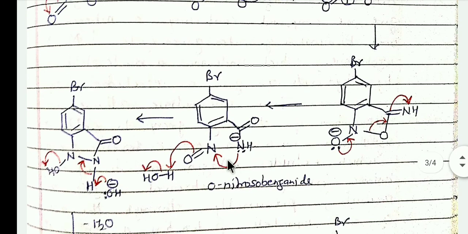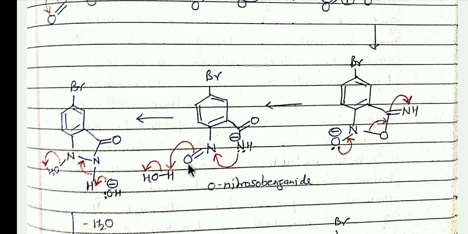Then in the reaction of this orthonitrosobenzamide anion with a water molecule, the bonding electrons are displaced from nitrogen to oxygen atom. So nitrogen gets positively charged and oxygen gets negatively charged.